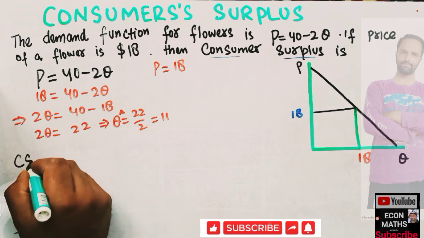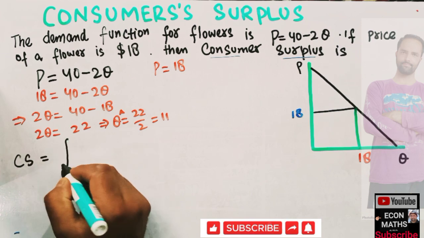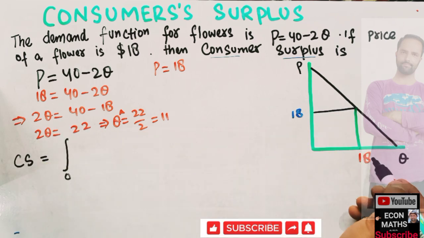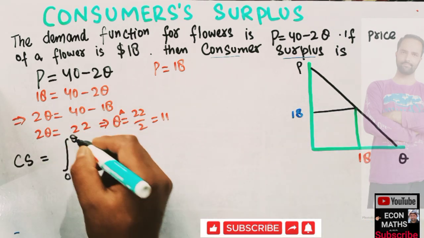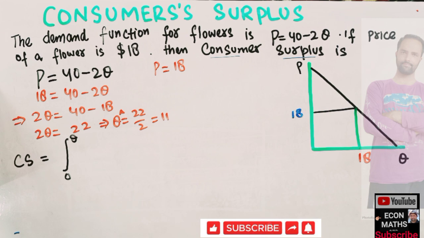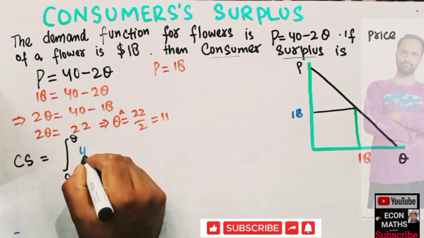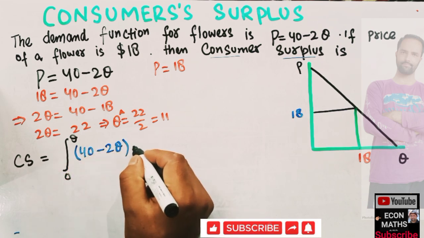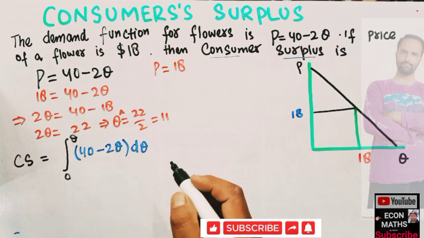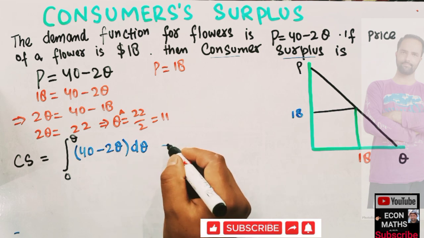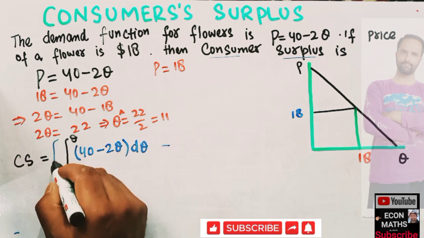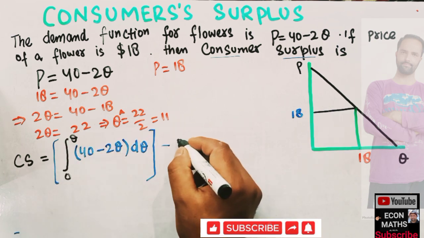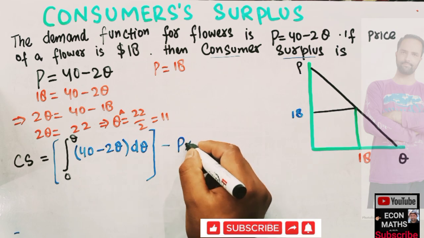Consumer surplus is simply the definite integral from 0 to the equilibrium quantity Q of the demand function, that is 40 minus 2Q, with respect to Q, obviously, minus total expenditure. This is one thing, don't confuse it here. So the integral is only of the demand function, minus total expenditure, that is P into Q.